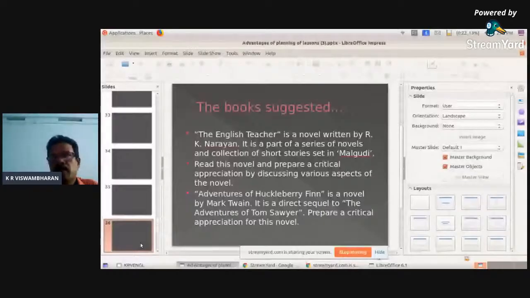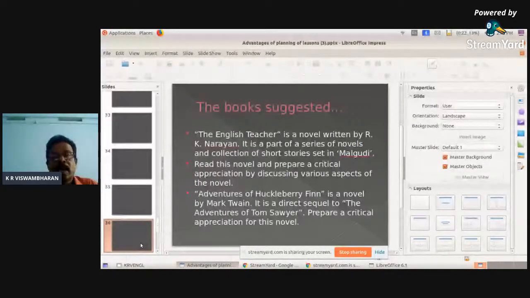So you are expected to write a critical appreciation of this suggested work and read this novel, The English Teacher, and prepare a critical appreciation by discussing the various aspects of the novel that we discussed. Another important novel is Adventures of Huckleberry Finn, quite familiar to all of you, by Mark Twain.